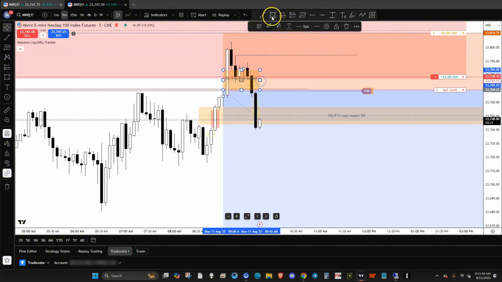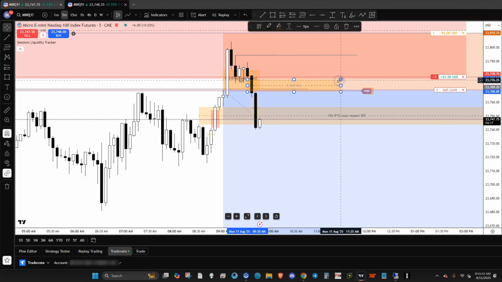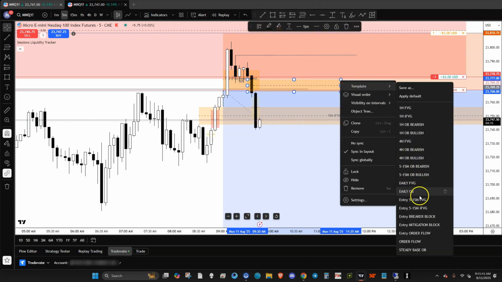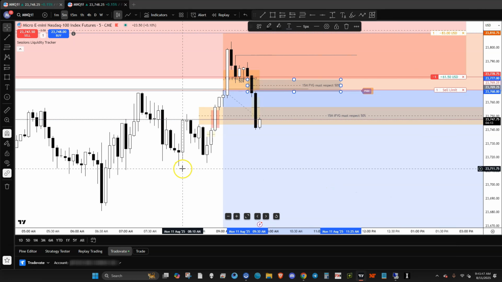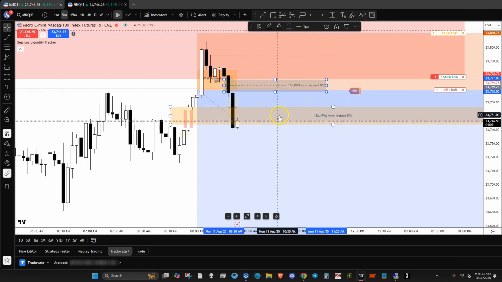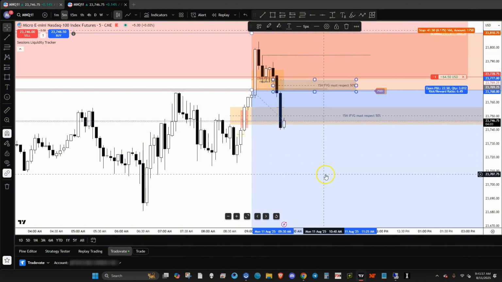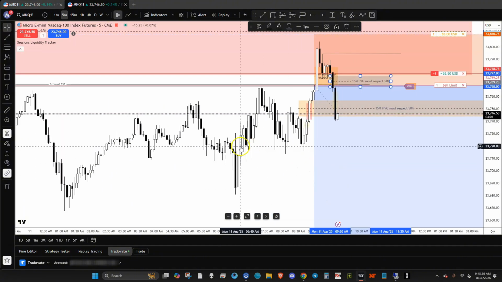So we have a 5-minute fair value gap that was created right here. Now this fair value gap, which is a bearish one, aligns with our inverted fair value gap. So this just gives you more confirmation that they might come and tap in and take off.